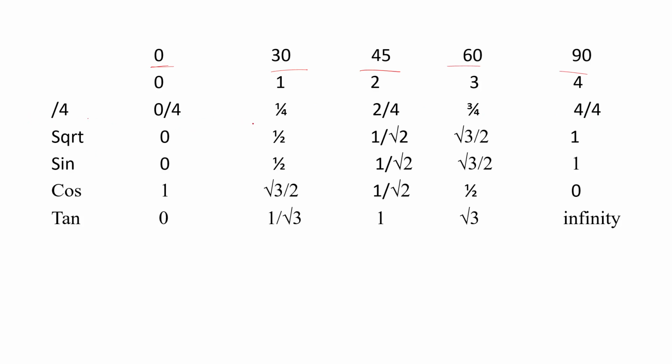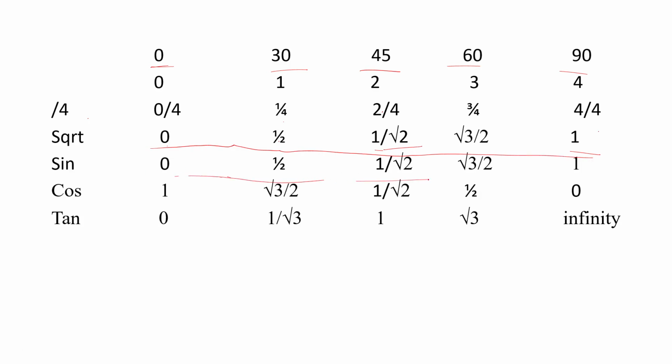After dividing, take the square root. 0 by 4 is 0. 1 by 4, square root is 1 by 2. 2 by 4 cancels to 1 by 2, and the square root is 1 by root 2. Then 3 by 4, square root is root 3 by 2, and here it is 1. So these are the values of sine theta.